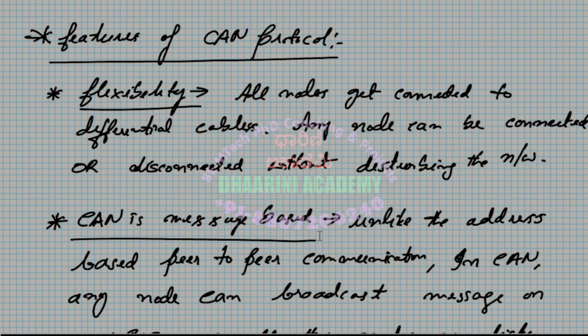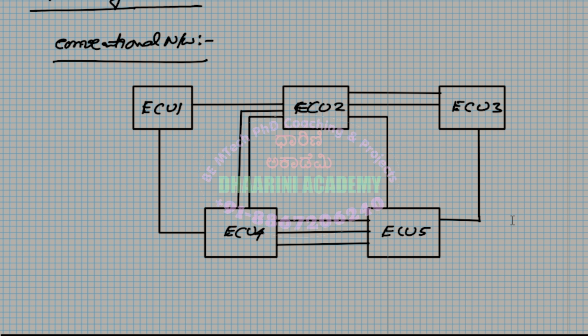Okay, then we checked what the requirement was. Why did Robert Bosch actually invent that, right? The reason is, before CAN, the connection would have been something like this: ECU1 to ECU2, maybe. One device will take three lines as input, some other device will take one line as input, output, etc. The basic problem we are going to face is, how do you add a new node to this?